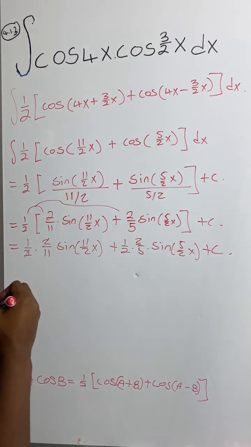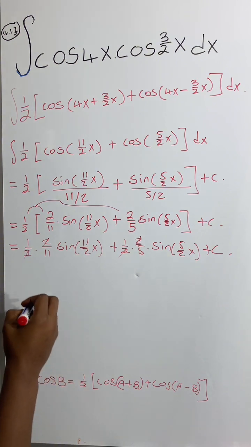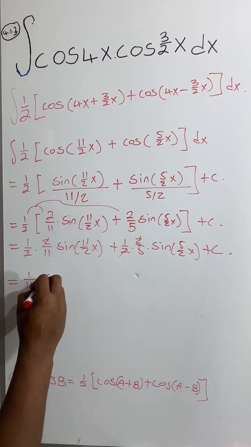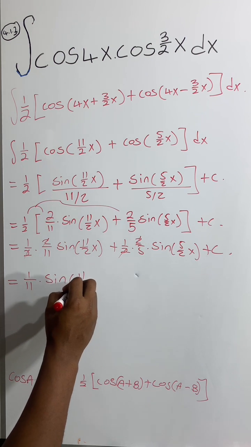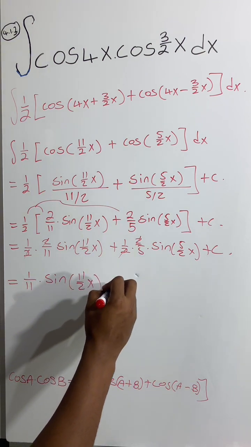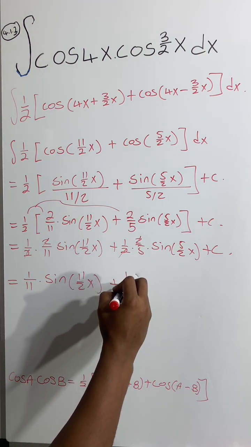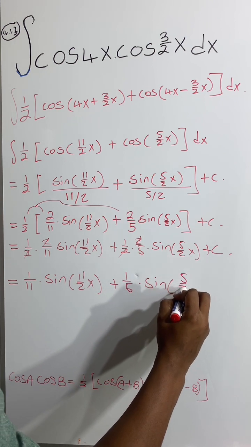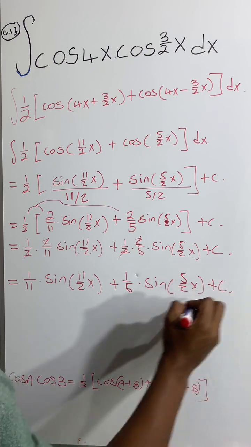That 2 cancels out with that 2, and that 2 cancels out with that 2, and we'll be left with 1 over 11 sine of 11 over 2x plus 1 over 5 sine of 5 over 2x plus c.